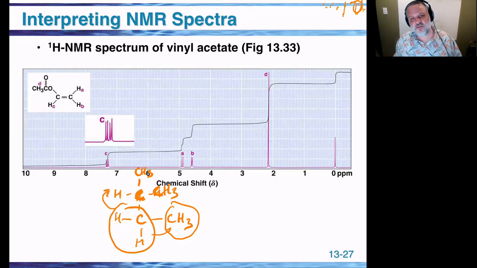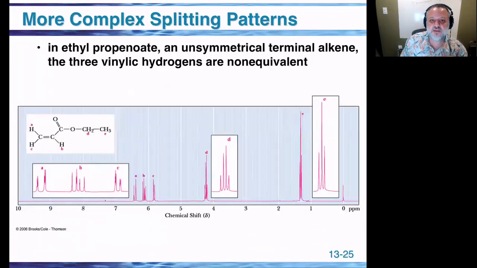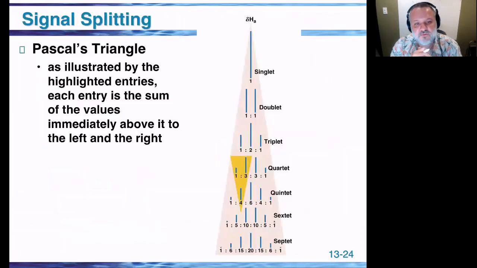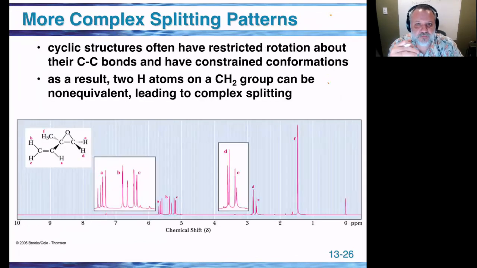And so there's this situation where what happens if you have neighboring carbons that both have unique hydrogens, and they're not the same unique hydrogens. Then what we get is what we call complex splitting. And with complex splitting, in this course, at this level, we're not going to talk about the possibilities.